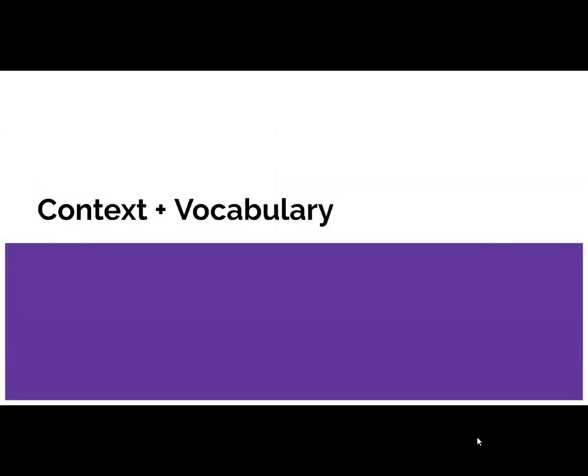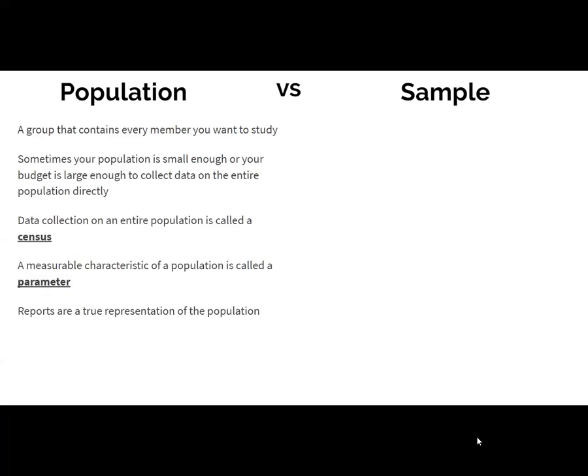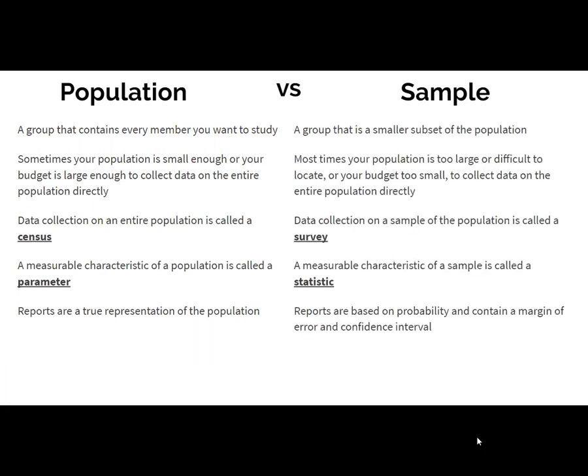Okay, so in terms of concepts that we've gone over that I just want to hit upon again, because we'll be building on them. The first one is the difference between population and sample. This is a slide from last class, but just a reminder that the population is absolutely everybody that you want to study. And a sample is a carefully selected group of people from within that population.